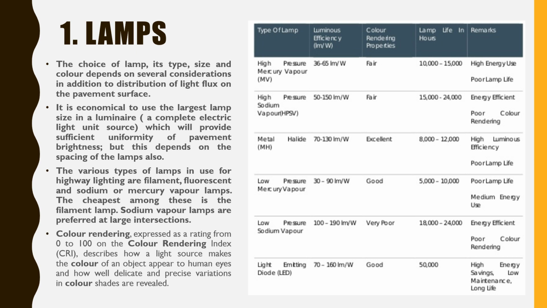For high pressure sodium vapor lamp, at 50 to 150 lumens per watt, it is energy efficient but has poor color rendering. Then metal halide, low pressure mercury vapor lamp, low pressure sodium vapor lamp, and light emitting diode. You can see that the light emitting diode has high energy savings, low maintenance, and long life also.